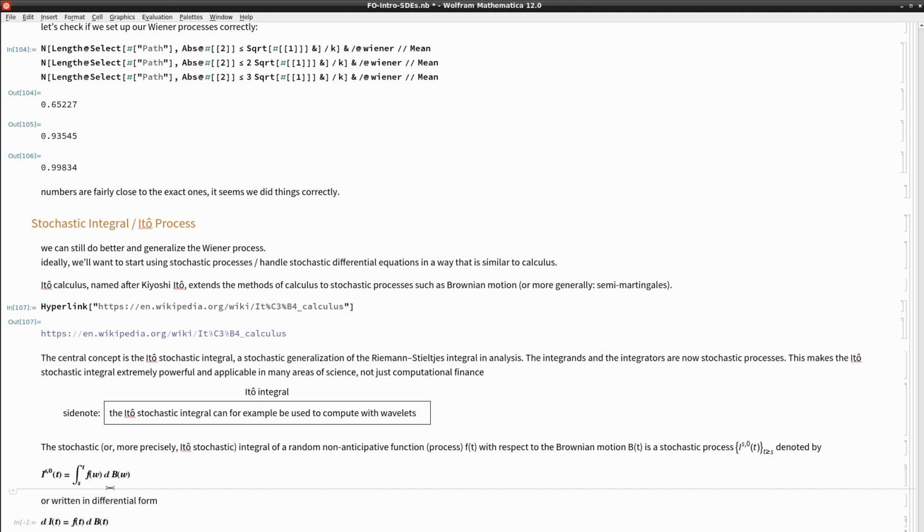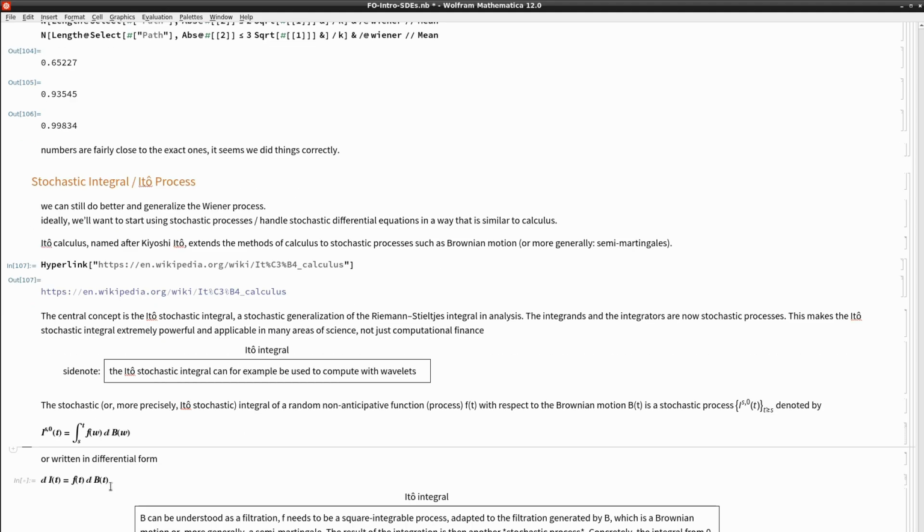We are integrating over db of w. And so again, these are the key points, and I mention them again. It's an integral, the integrand is a deterministic function, and the differential is the noise in the Brownian motion. db of w was our noise, our random component at the beginning with respect to a Wiener process. Okay, written in differential form, the differential of the Ito process is f of t times the differential of b of t.